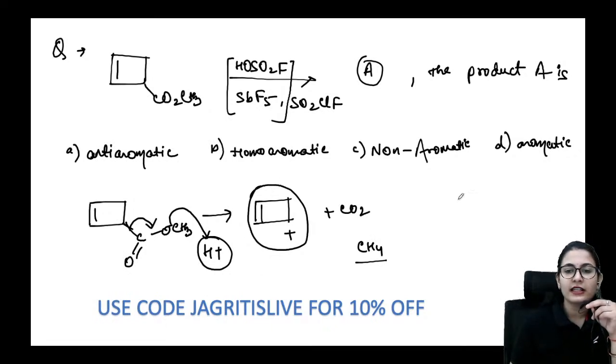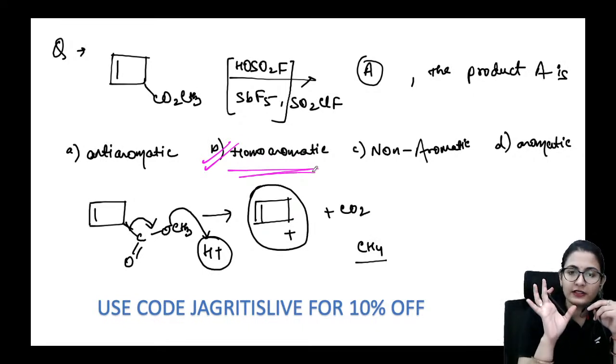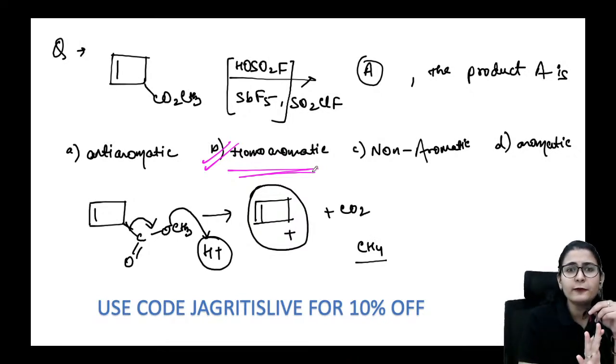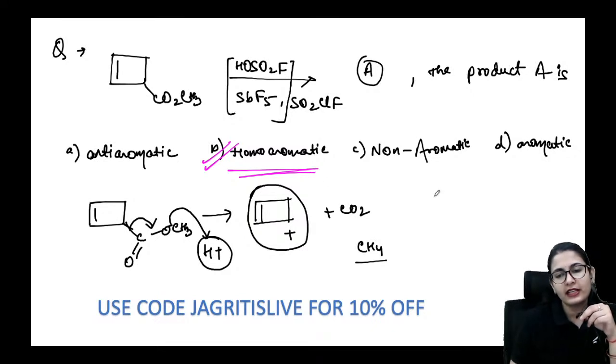What is this? इसको देखो. What was the definition of homoaromatic compounds? It was कि your system is going to have delocalization, and if it follows the Huckel's rule, और एक saturated carbon है, one of the carbon is a saturated carbon, like this. Let's say this is your saturated carbon.